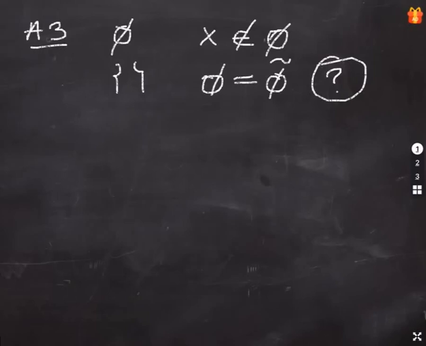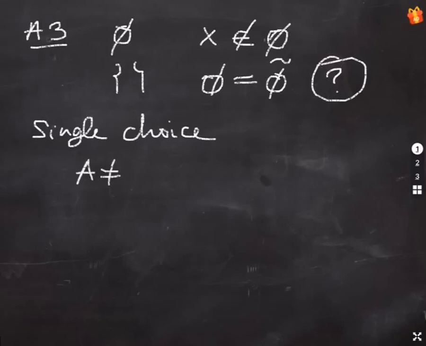Okay, so thanks to this axiom, we can introduce now a lemma, which is the single choice lemma. And that lemma goes like this. Now, imagine that A is not the empty set.